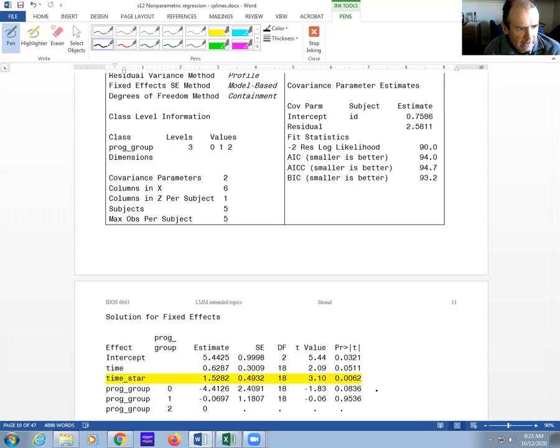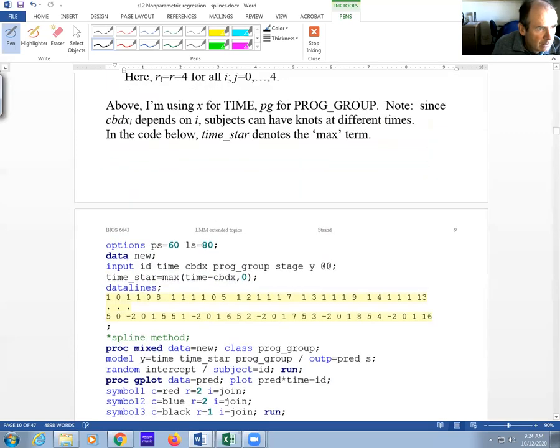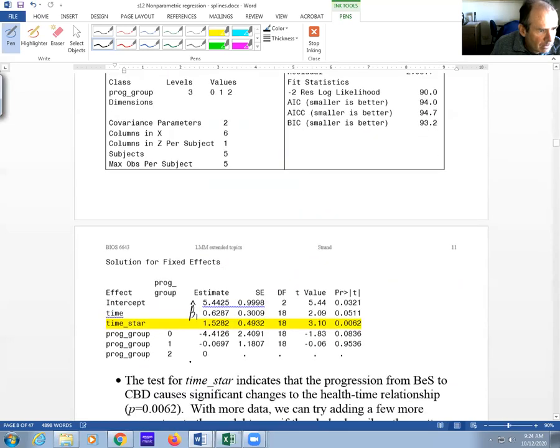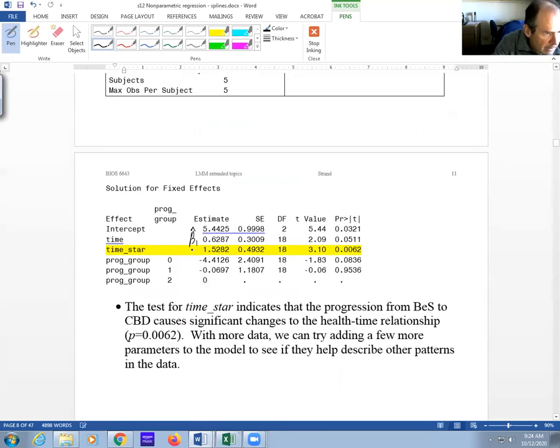And so that 1.528, that's our beta 2 from our initial model. So the initial relationship is here. This is our beta 1 hat, and then this is our beta 2 hat there.